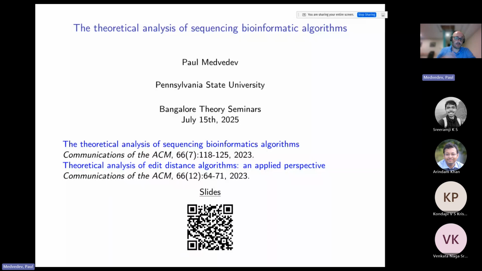So it will be more of an overview of the field kind of talk than the latest results kind of talk. I should also say that the papers were published and actually written a few years back. So the talk probably is not updated with the latest results that have happened since then. So just keep that in mind.